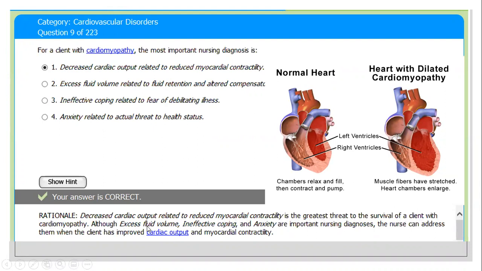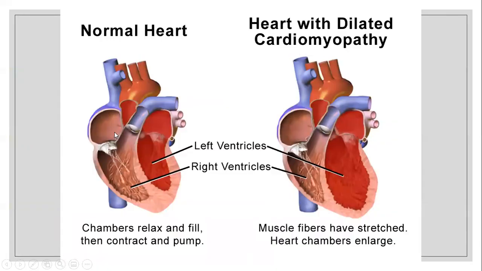Although excess fluid volume, ineffective coping, and anxiety are important nursing diagnoses, the nurse can address them when the client has improved cardiac output or myocardial contractility. The same picture looks bigger here, so you can get a better image.